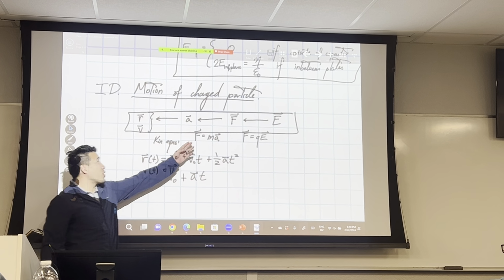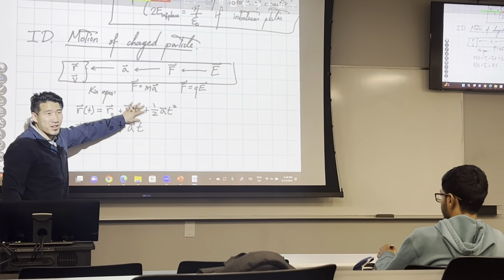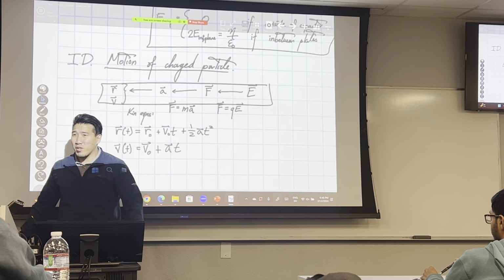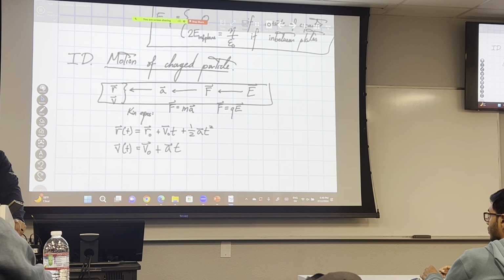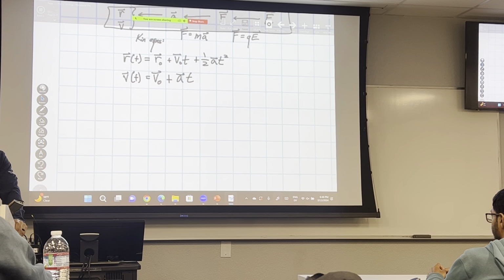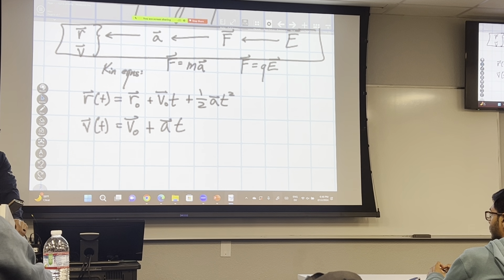As soon as the force changes, the acceleration changes, and these equations are no longer valid. Okay? So this is why uniform electric fields are very, very desirable for laboratory settings. It allows us to actually analyze the motion of charges.